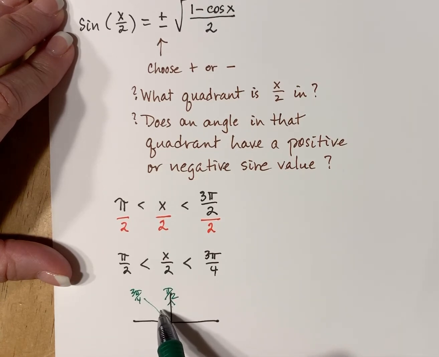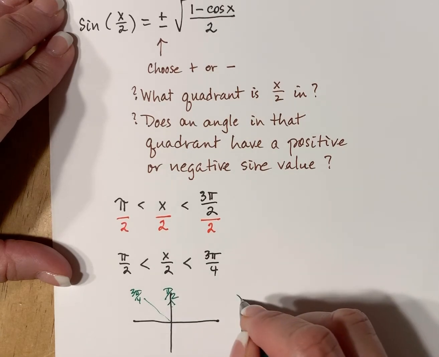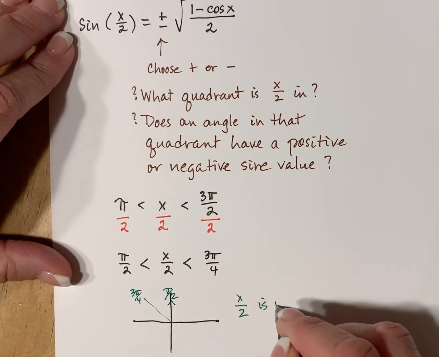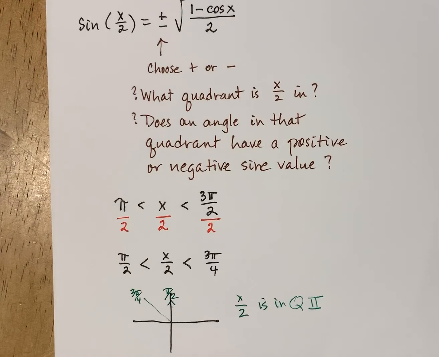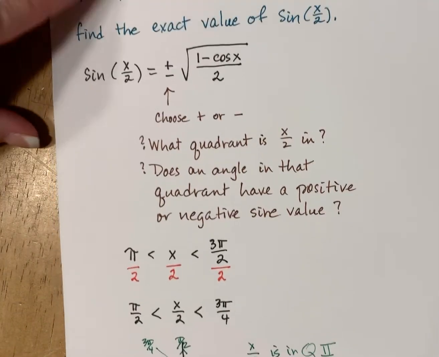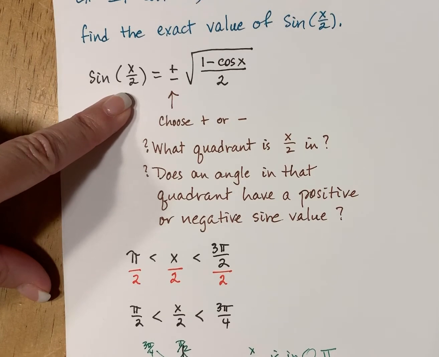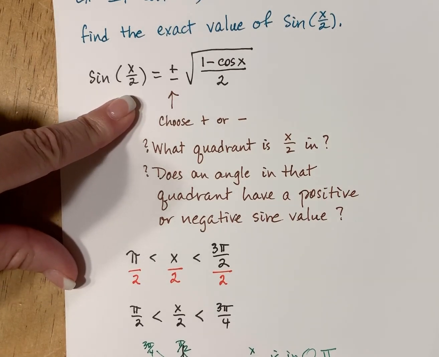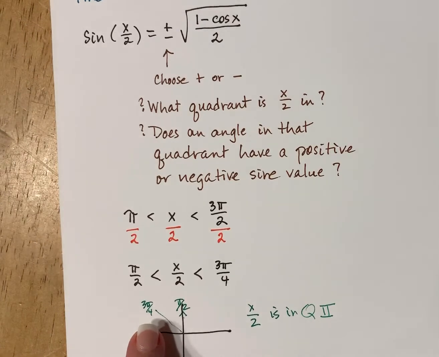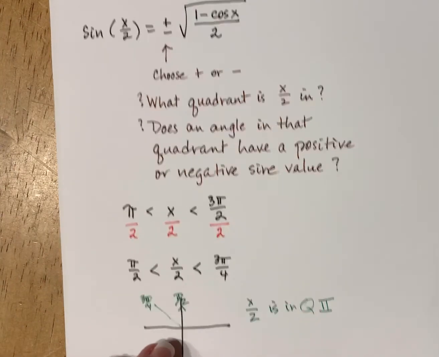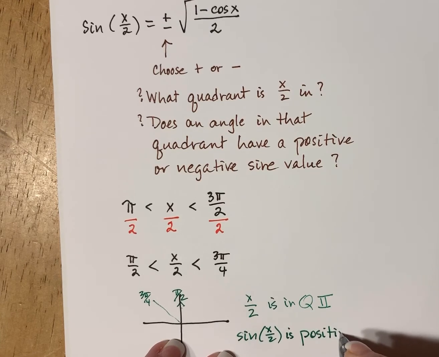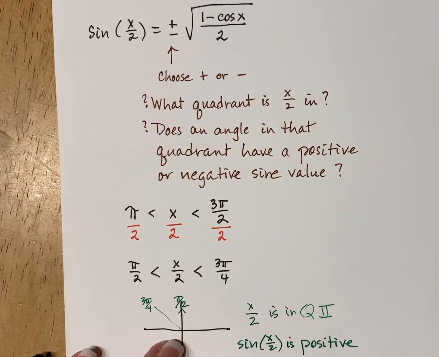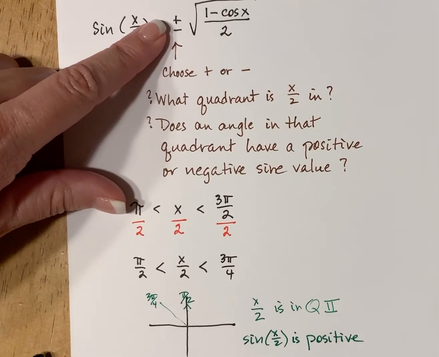Basically, x over 2 is in quadrant 2. What we're trying to do in our problem is find the sine of that angle. The sine of an angle in quadrant 2 is positive, so the sine of x over 2 is positive. So we're ready to use the formula, and it'll be the positive square root.